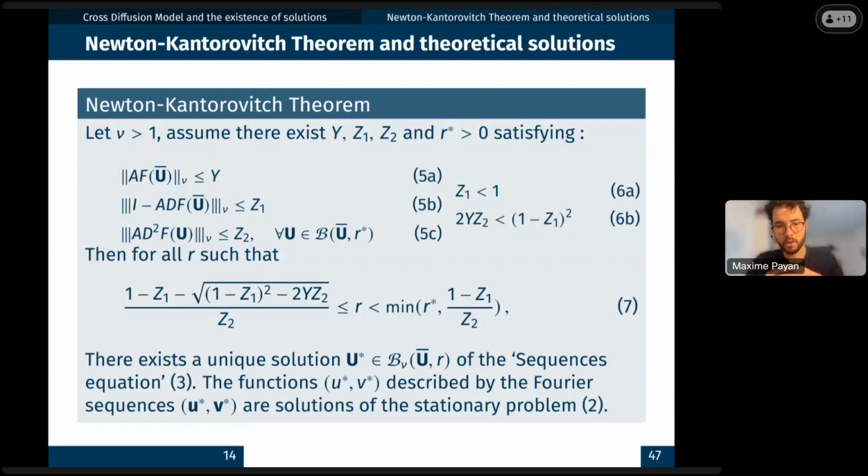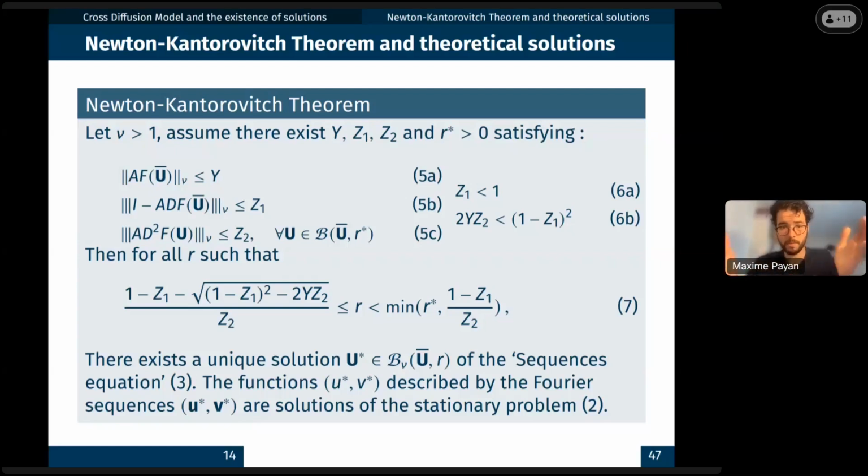And then if we have all these inequalities, we have a unique solution u star in the known neighborhood, and u star is a solution of the sequences equation, and the functions u star, v star described by the Fourier sequences, the vector u star, v star, are solutions of the stationary problem, and we have the theoretical solutions we want.